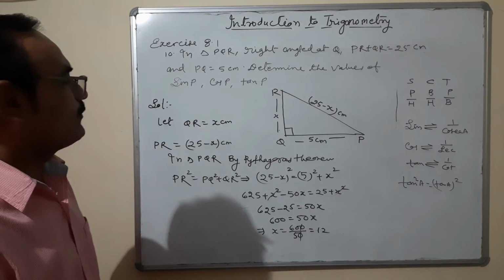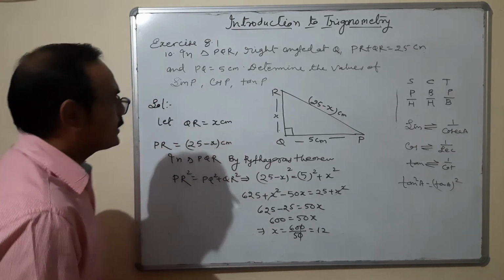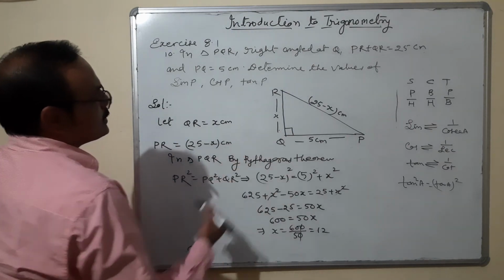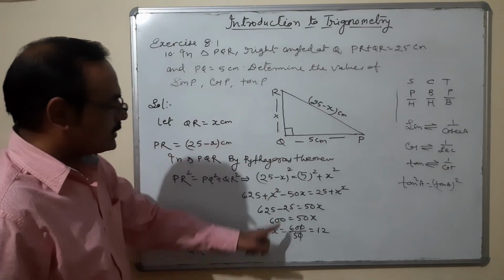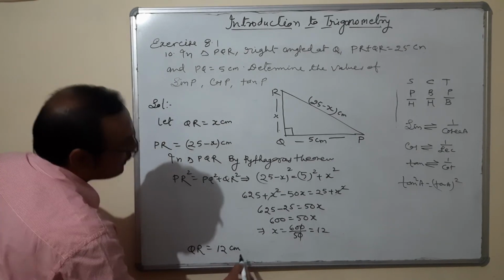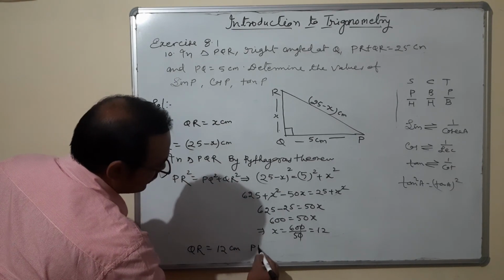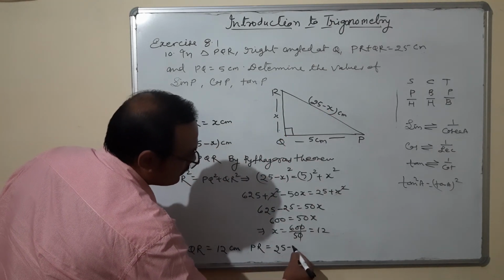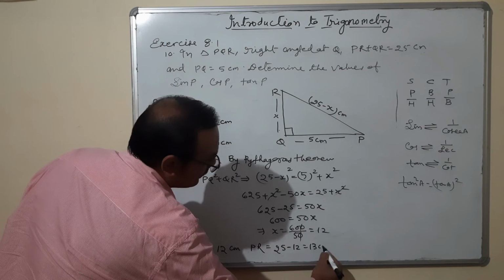So x is equal to 12. Since we took QR as x centimeter, QR is equal to 12 centimeter. And PR is equal to 25 minus 12, which is 13 centimeter.